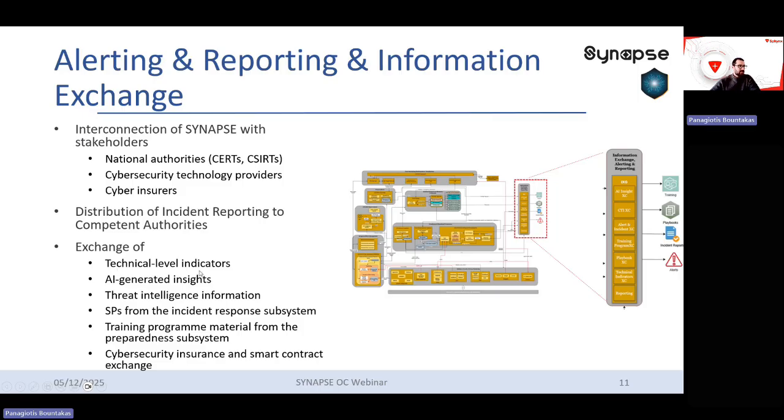For instance, technical level indicators, insights from the AI and machine learning-based components, or discovered threat intelligence, or even Synapse playbooks and training programs, and exchange or disseminate this information with public authorities, like CERT and C-CERT, or other cybersecurity technology providers that are employing Synapse, and also cyber insurers by exchanging smart contracts and cybersecurity insurance templates.